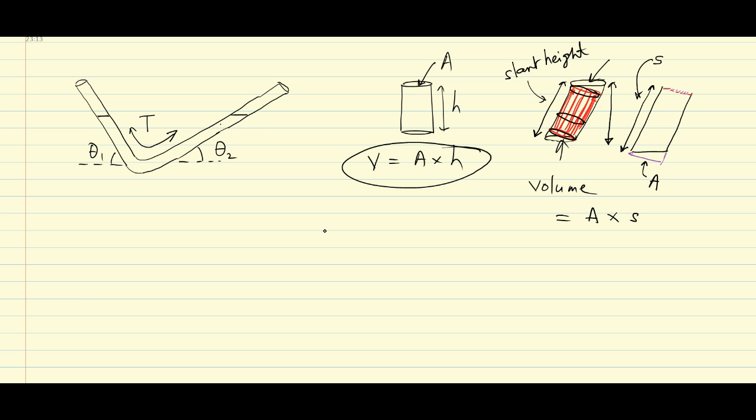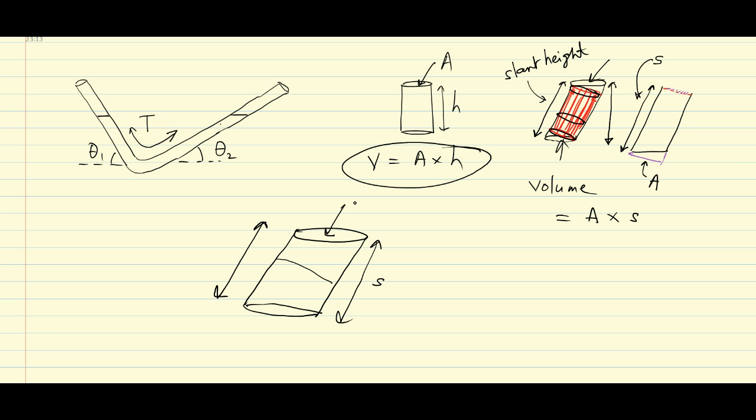So just to recap, I've got an inclined cylinder like this, and the slant height, this one or even this one, they are both equal of course, that's equal to S, and the cross section, now this is not the cross section, the cross section would be this sort of thing, something like that.